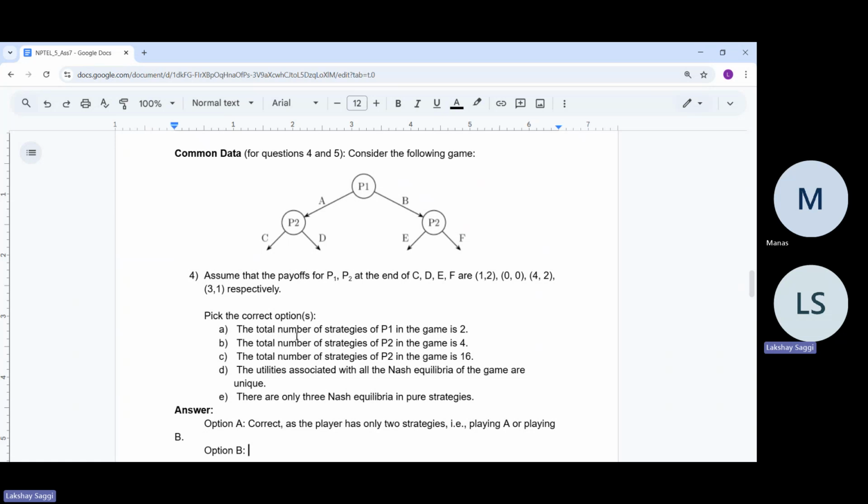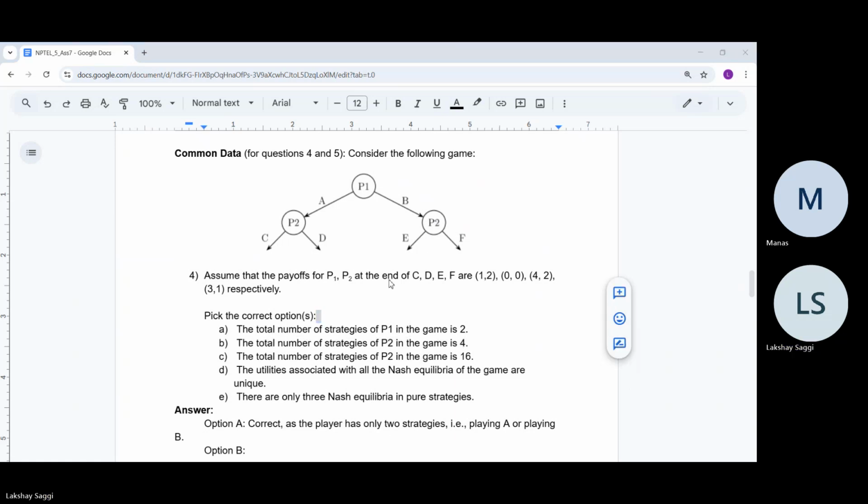And now option 2 says that the total number of strategies of P2 in the game is 4. So what do you think, Manas? For player 2, what's the total number of strategies?